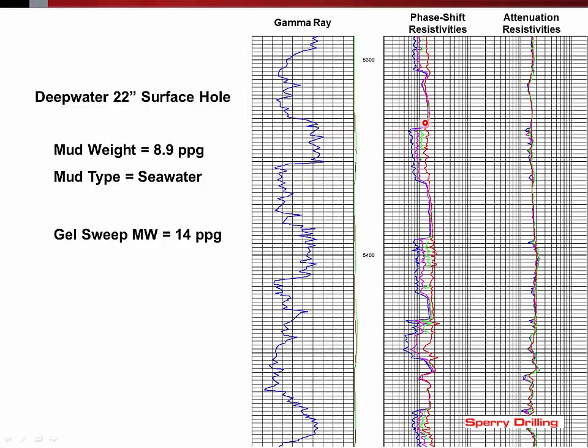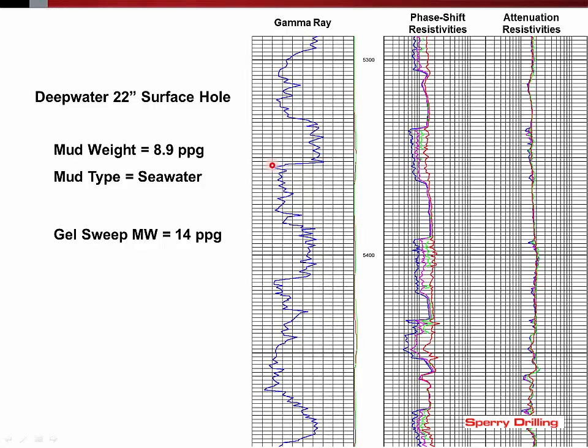So when, for example, we switch from seawater to gel at this point, the resistivity is at this depth. The gamma ray is at a slightly shallower depth. So the effect that we see on that happens at a slightly shallower depth. So they look like they're off depth, but they're not. What's happening is that both are affected in time by this time-based change in the mud system.